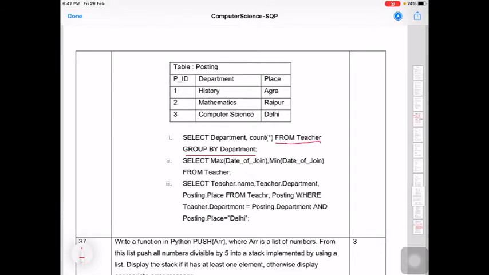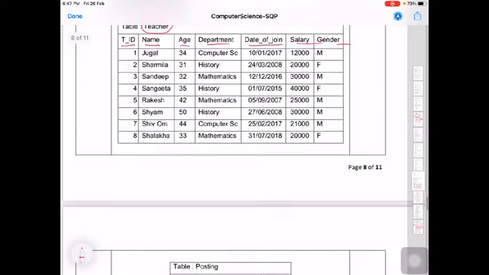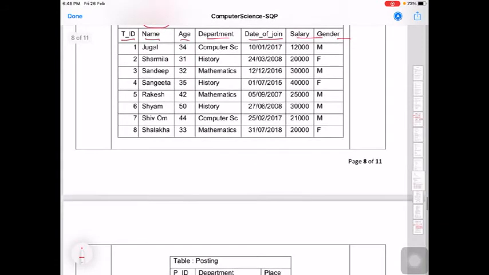Now you move to the next portion, that is from teacher. That means you are dealing with the teacher table only. Then moving to the leftmost part is the names of the columns. So this approach is used. Why? Because through this you can minimize the number of required rows. As you can see in this teacher table, you have 8 rows. So in the output, the minimum number of rows that you require will be good.